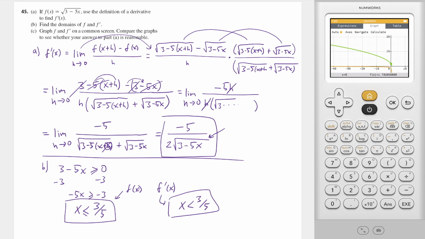You see it shoots down as x gets closer and closer to 3/5, which means that's where the derivative is going to approach negative infinity. As the x value approaches 3/5, the derivative goes toward negative infinity, which also validates these domains that we got. So yeah, I feel like this graph validates the work that we did.